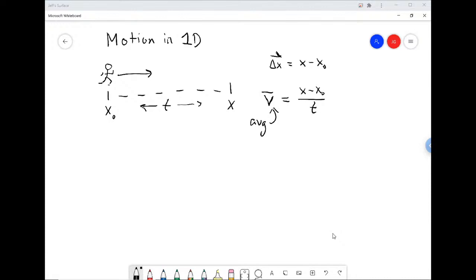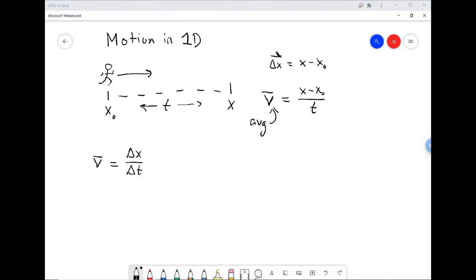Sometimes you might see average velocity written as delta x over delta t. Delta x makes a lot of sense, it's x minus x naught. But using delta t versus just t, there's not much difference, because oftentimes when we think about time, we have a stopwatch that starts from 0. So if you have t minus t naught, your initial time is usually 0, and you don't really gain much by writing delta t versus just t.